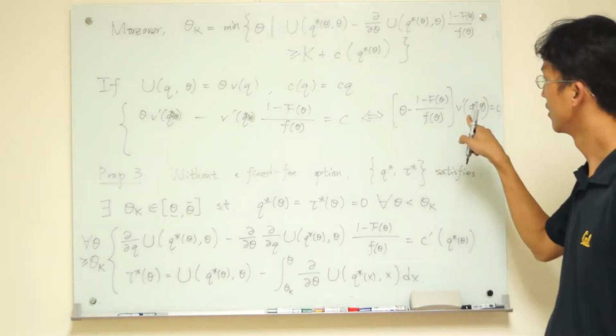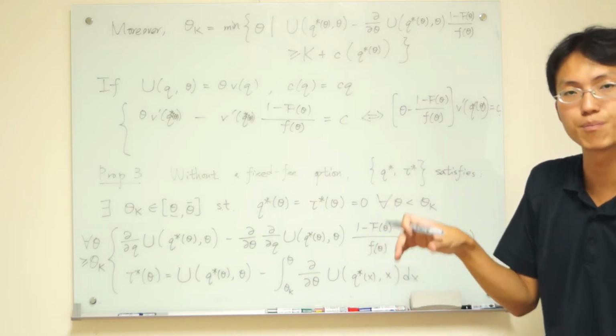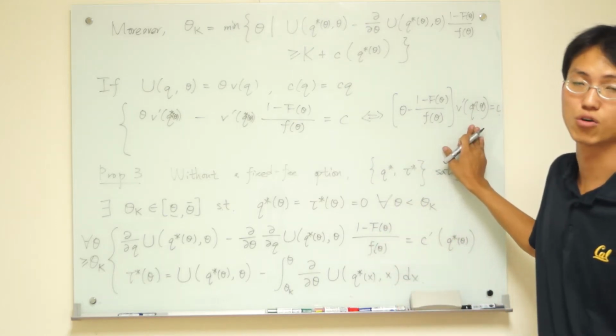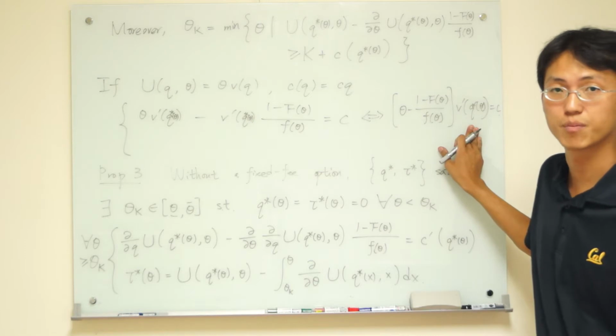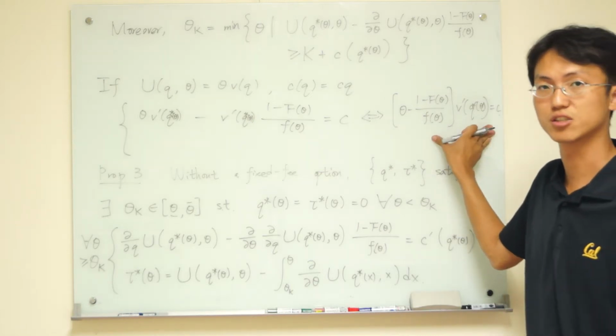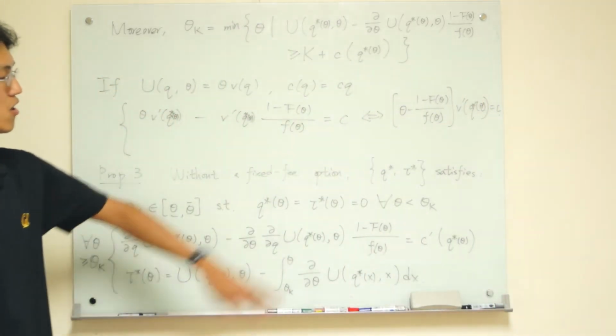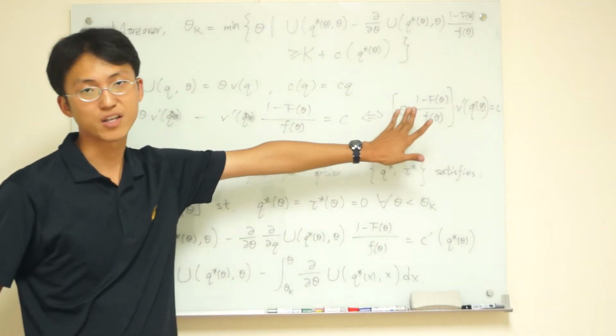This is exactly how we find our second best consumption level or quantity in our monopoly pricing problem. I hope you feel familiar about this because you're going to take your midterm exam. So quantity is defined in the same way.